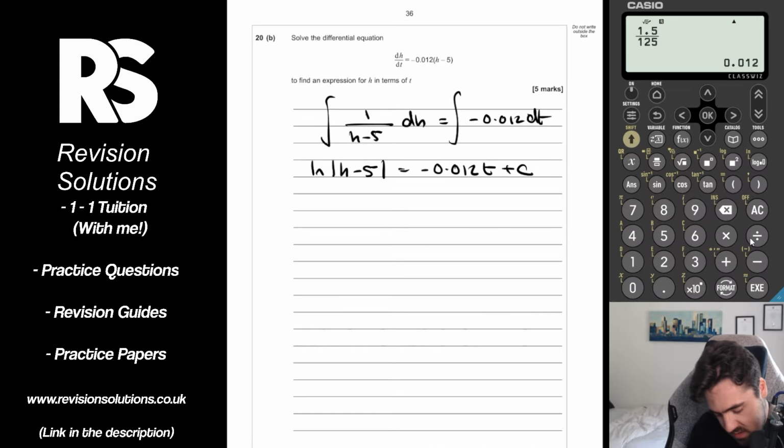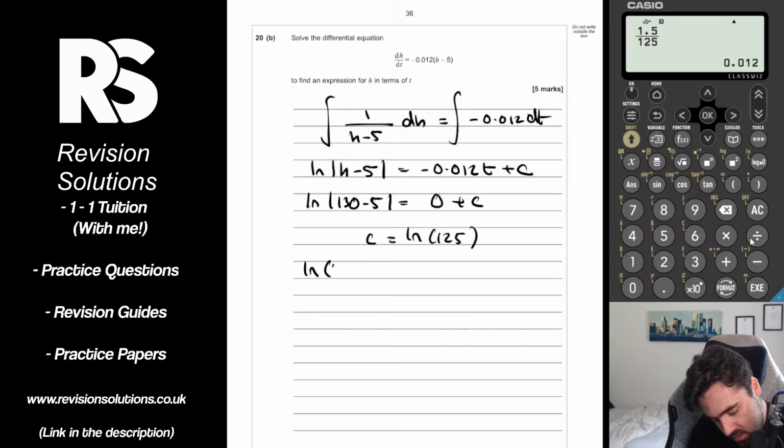So we know natural log of 130 minus 5 is going to be 0 plus c. In other words, c is going to be the natural log of 125. So let's plug that back into our equation. So we've got the natural log of h minus 5 equals minus 0.012t plus the natural log of 125.